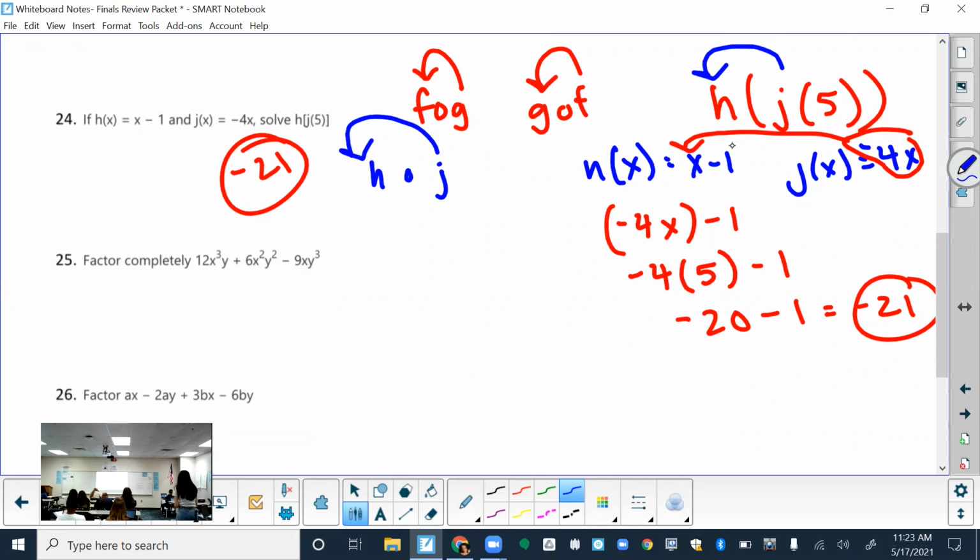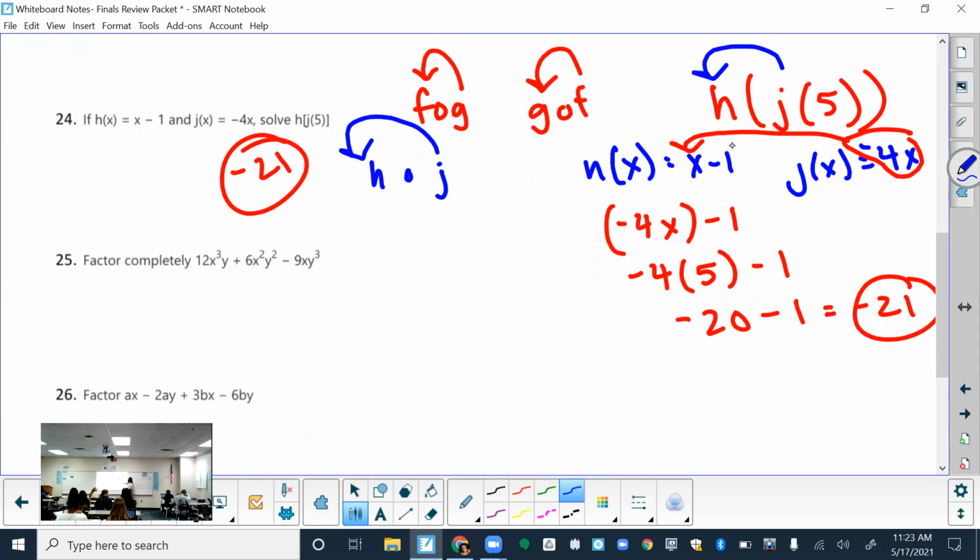All right, so it says that the j function is -4x, right? It says it right here. And it says that the h function is x minus 1. So I'm taking my j function, which is -4x, and I'm plugging it into x of my h function, right?